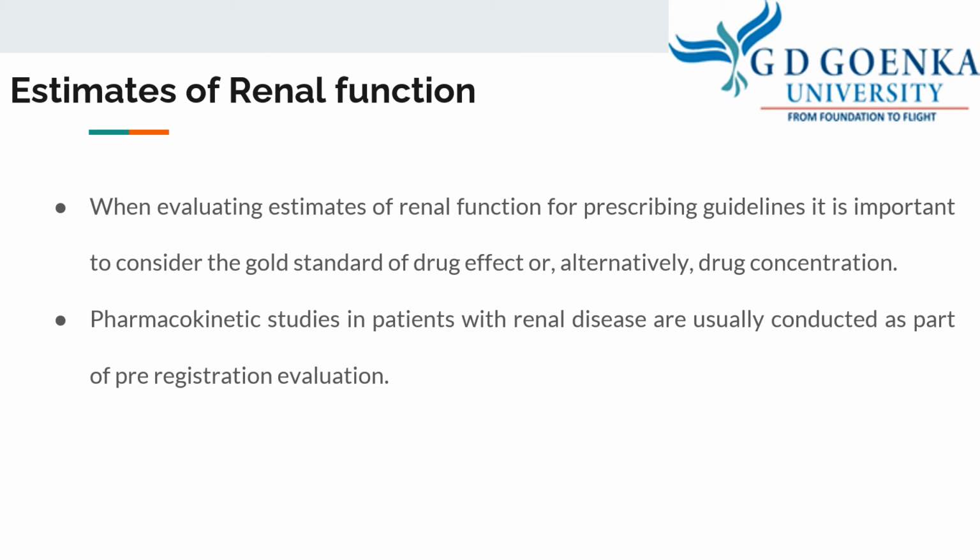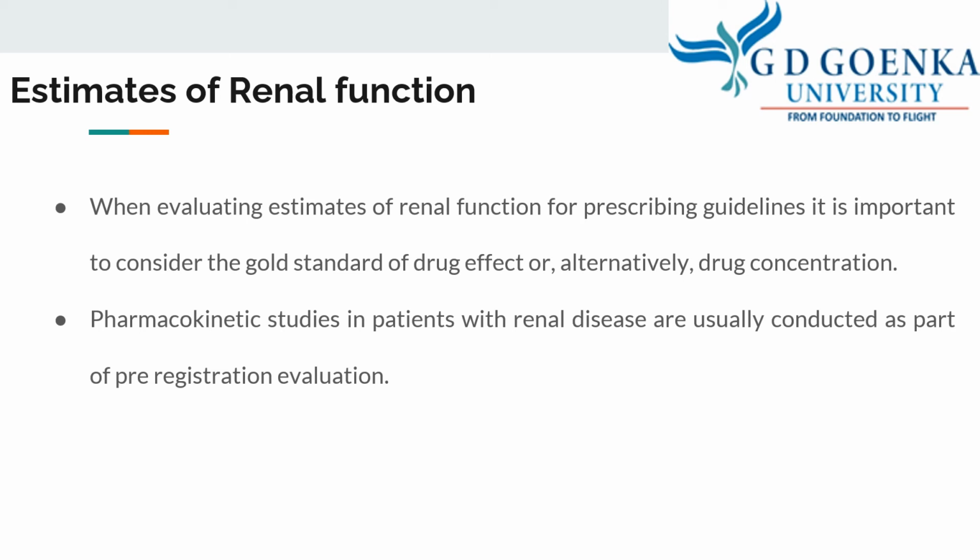It is mandatory for any ANDA or NDA applicant to do a pharmacokinetic evaluation in patients whose renal functioning is impaired in order to compare the efficacy of the drug with normal renal functioning.